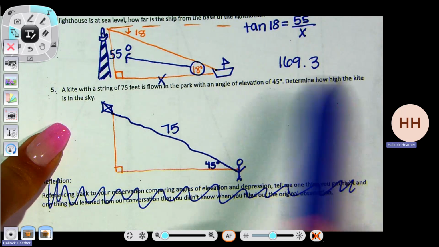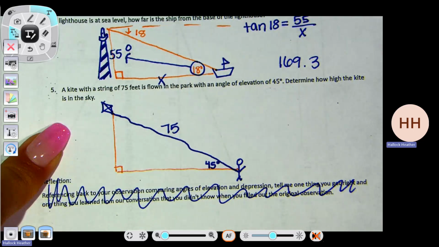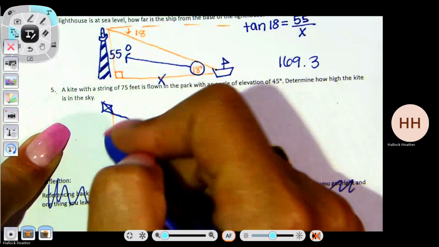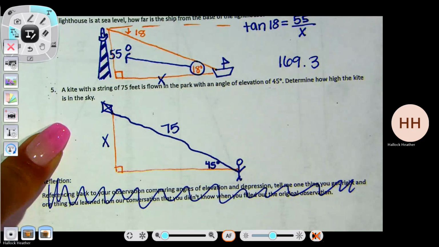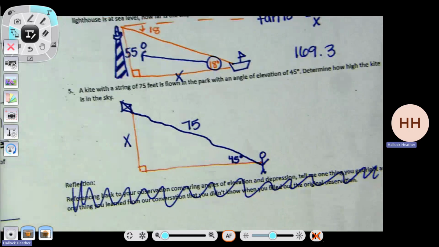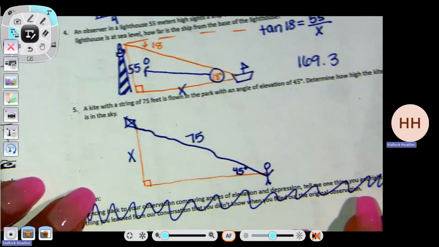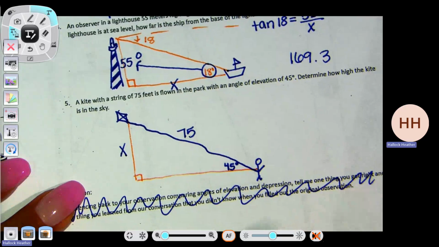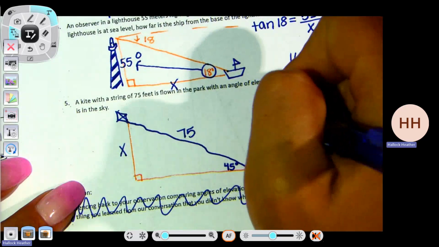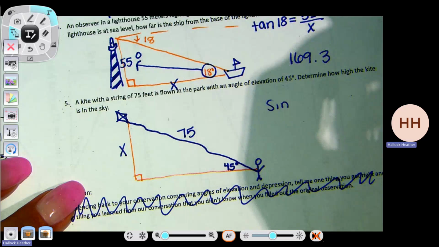Determine how high the kite is in the sky. So where's X going to go? Oh, it is sine. I'm looking at the back. My bad, because there's a kite problem on the back. This is sine.